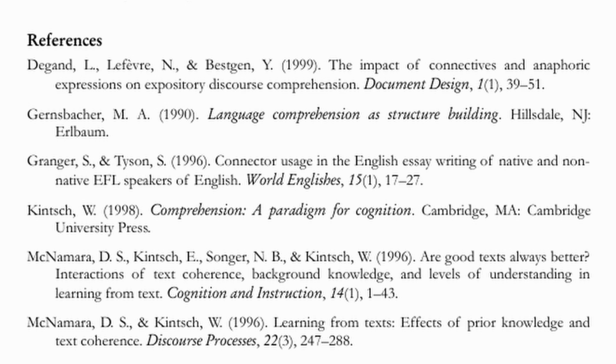These are mostly books or journal articles. Now, you might be using an online article, not a journal article, but some online article from a professional source, a professional journal, and you would have the URL there at the end. You can look at my book or look online for how to do that for electronic sources.